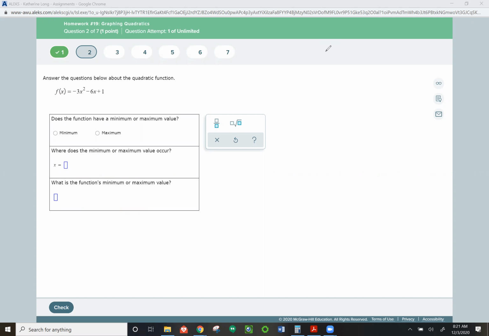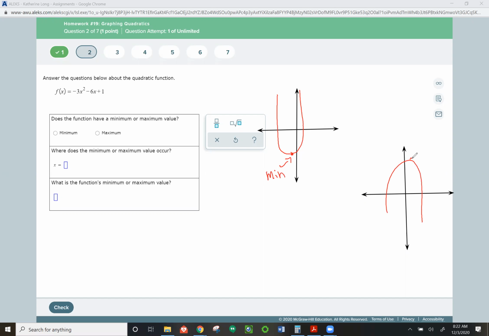So let's draw a couple possible parabolas that we got going on. Okay, so if you have a parabola that opens like this, your point will be a minimum value. Okay, if your parabola opens like that, it'll be a maximum value.